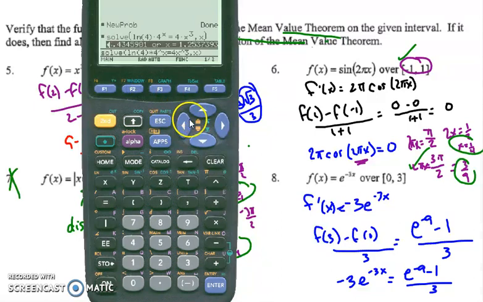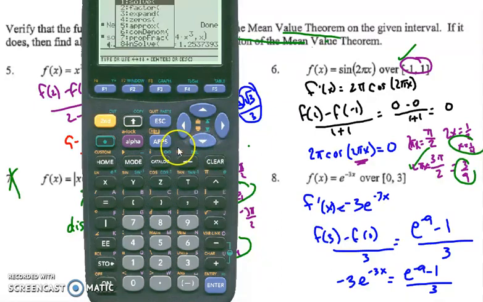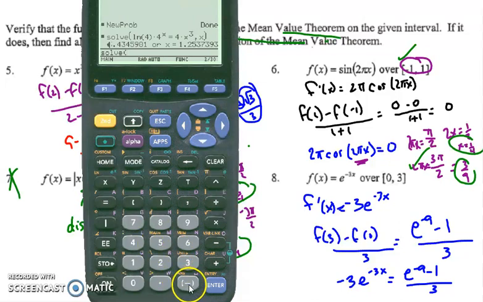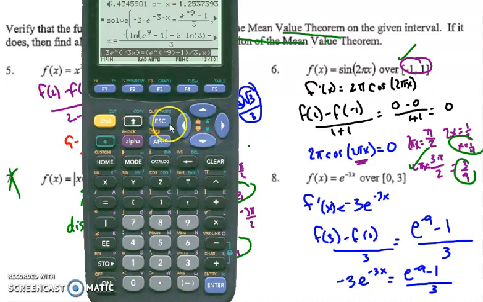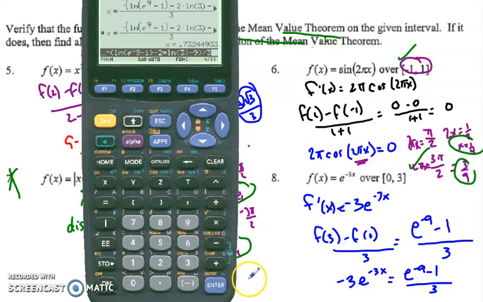So I'm going to put in solve here, solve for negative 3 times e to the negative 3x is equal to, and my numerator is e to the negative 9 minus 1, close paren, all divided by 3, and comma x to tell it to solve for x. It didn't take long at all. So let's go highlight that, bring it into my row, and hit green diamond, enter. And there's only one value where this works, and it's at x equals 0.732.